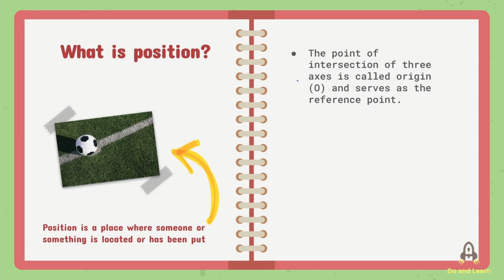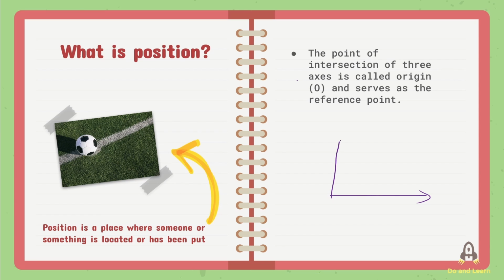So to explain the position of an object, we need three dimensions or axes. It is called a coordinate system. In this coordinate system, mainly there are three types of axes: X, Y and Z. Look at this drawing.